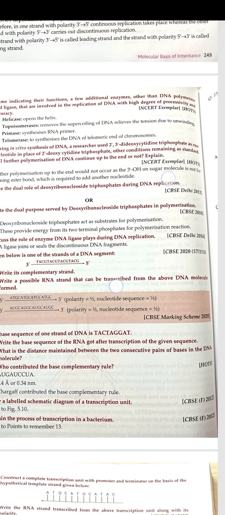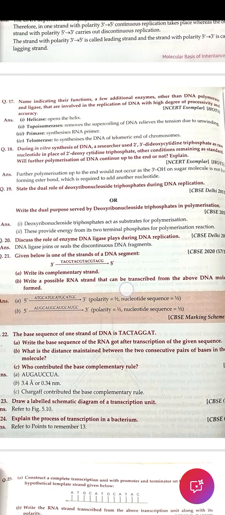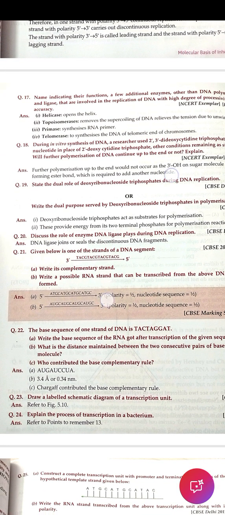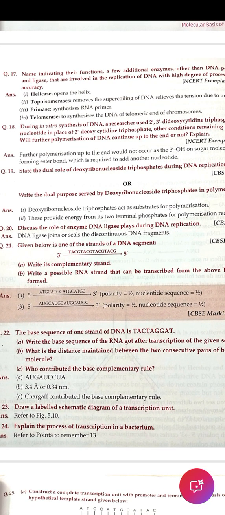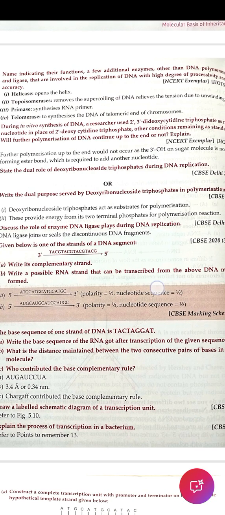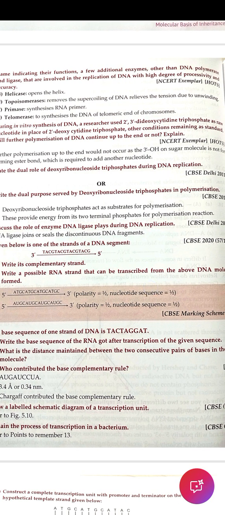These questions were asked in CBSE 2018. The answer is, deoxyribonucleoside triphosphates act as substrate for polymerization, and second, they provide energy from their two terminal phosphates for the polymerization reaction.